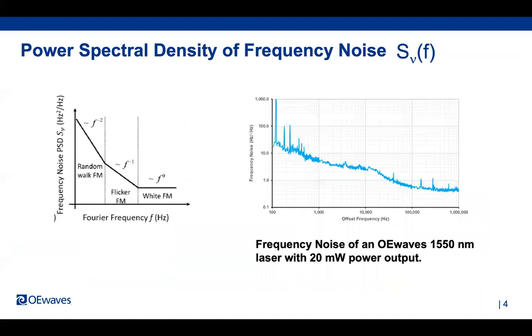So what is that? Well, if we depict the noise of the laser by the power spectral density of the frequency fluctuations versus its Fourier frequency, we can get insight into what type of noise it is and how it impacts the performance.